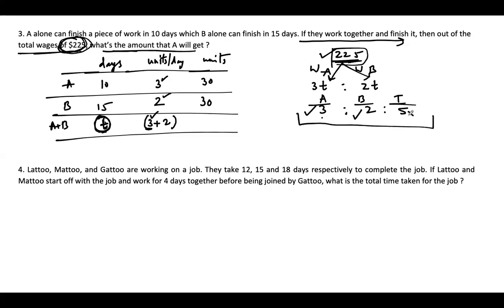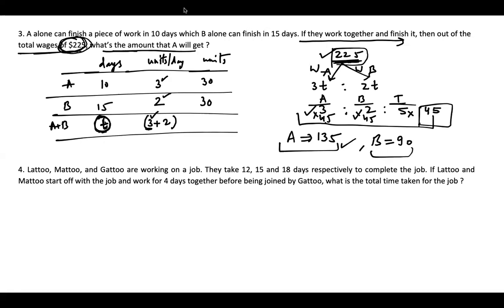So what can I multiply to this 5 so as to get the total as 225? 5 into something is 225, which is 45. So 45 into 2, 45 into 3. So the amount that A will get is 45 into 3, which is 135, and 90 for B.